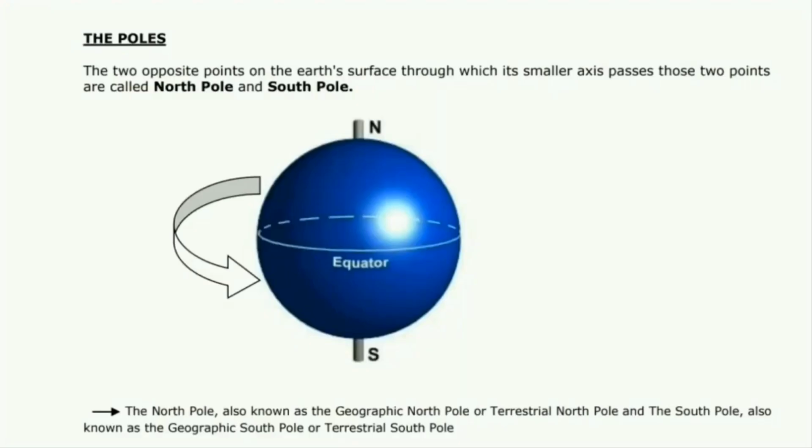The poles are the two opposite points on the earth's surface through which its smaller axis passes. Those two points are called North Pole and South Pole. The North Pole is also known as the geographical North Pole or terrestrial North Pole, and the South Pole is also known as the geographical South Pole or terrestrial South Pole.